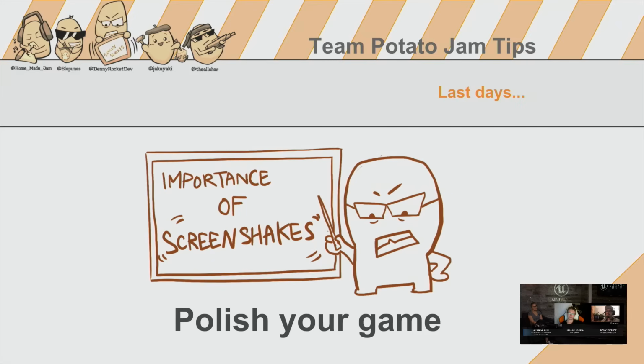Iron out the game-breaking bugs, get some game design stuff fixed, add screen shake, of course. Jokingly, when we made this, I could talk an hour just about screen shake, but it would be a bit excessive. There is a great video called Choose It or Lose It. It's also in the last slide.